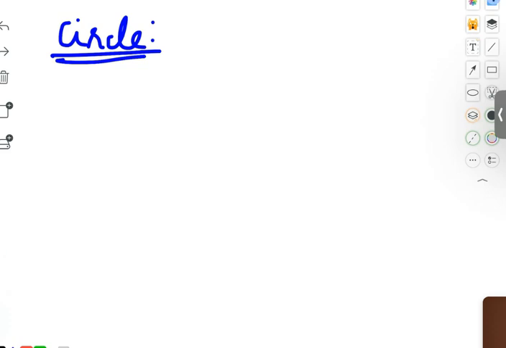The simple definition of a circle is a set of all points which are equidistant from a fixed point, called a circle. Can we call it a circle now?